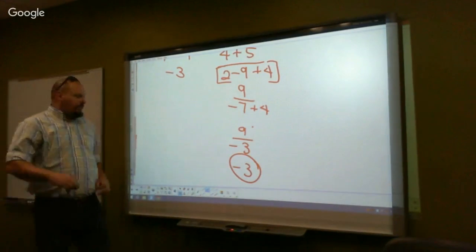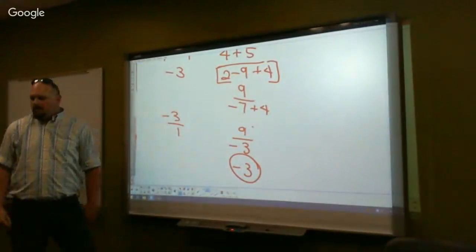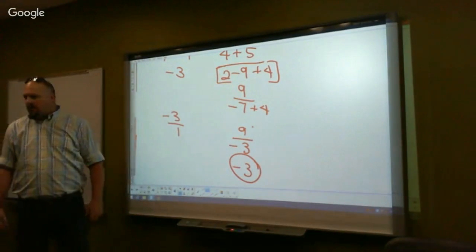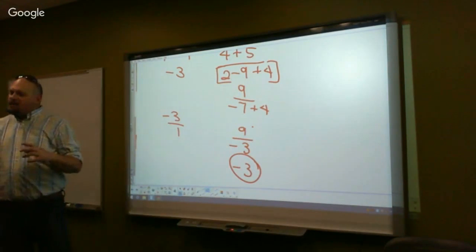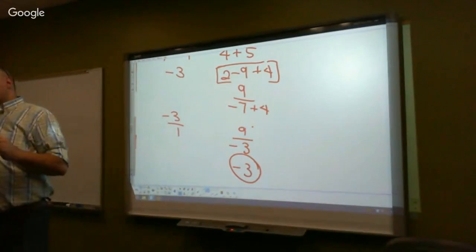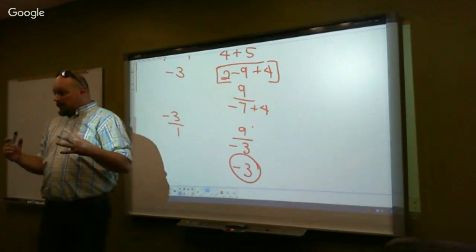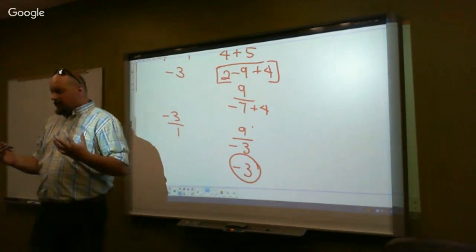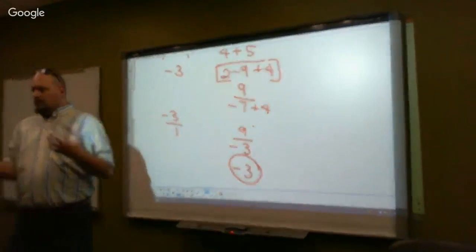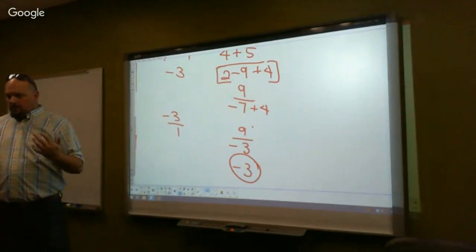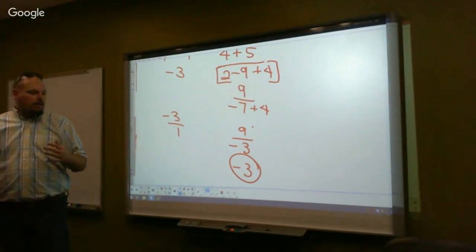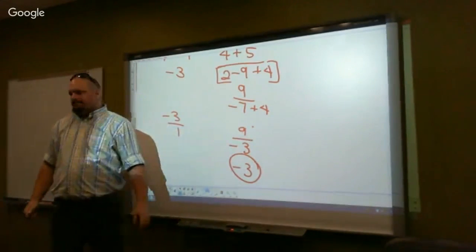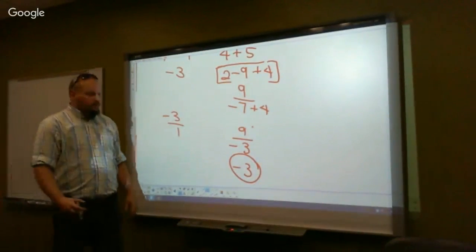You told me that fractions are division problems, so we can divide numbers and get whole numbers, right? I thought 9 over -3 was the final answer because the original problem was a fraction. We can simplify that though.